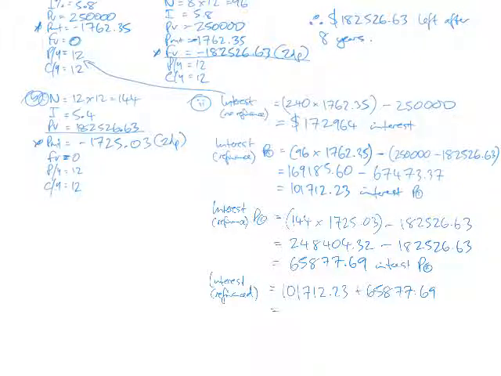Add those together. That comes to 167,589.92 in interest. So now we know how much interest you paid when you refinance versus how much interest you paid when you didn't refinance, and now we can work out how much interest was saved.